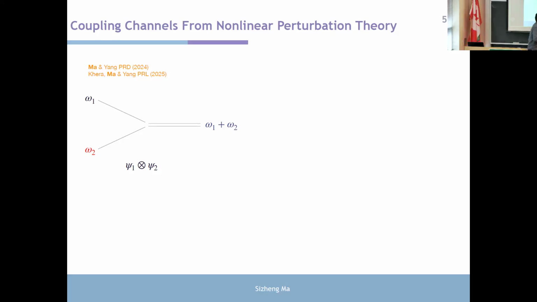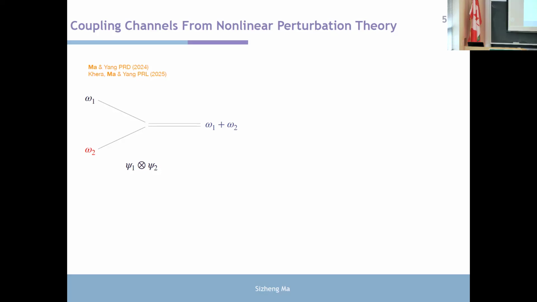Here, for example, let's imagine we have a psi4 that contains a single quasi-normal mode, and in its metric data, h mu nu, because this is a real quantity, it has 2 frequency components.